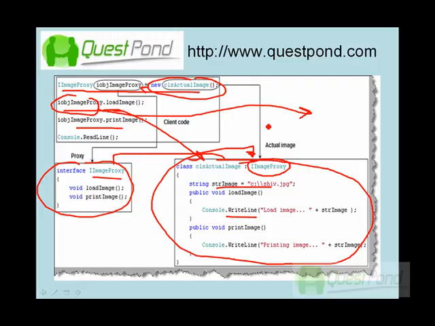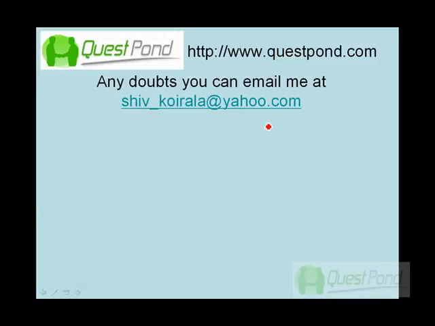So again, use image proxies where you have large image objects or large blob data which you want to pass across computer networks. Rather than passing the real objects and making the network more bulky or loaded, you can pass the image proxy object.